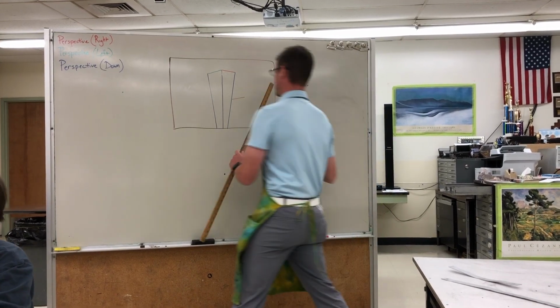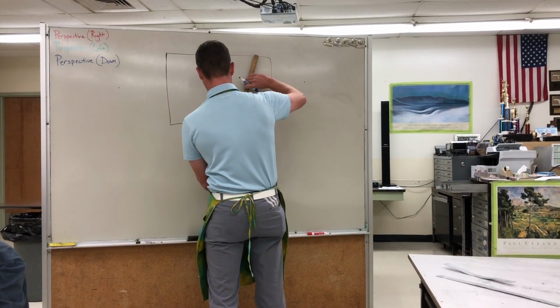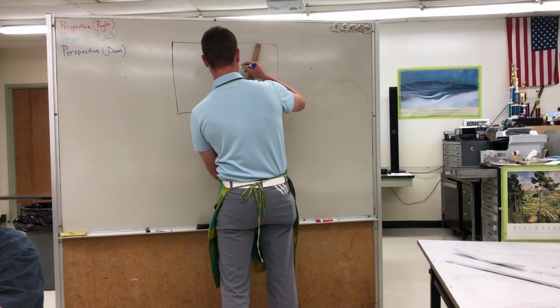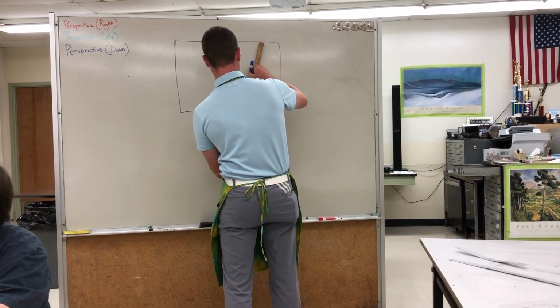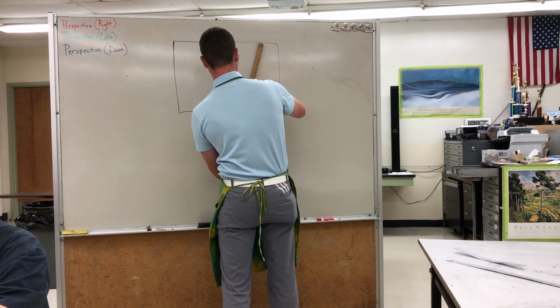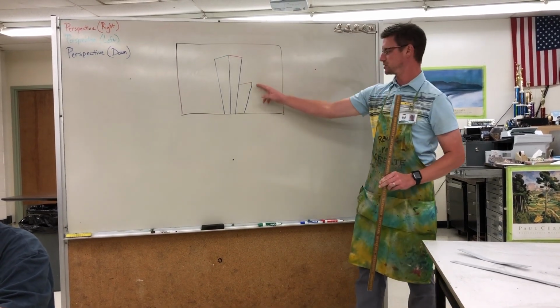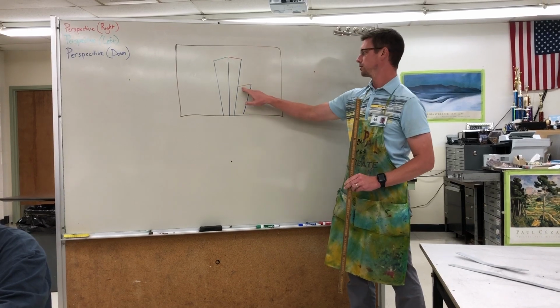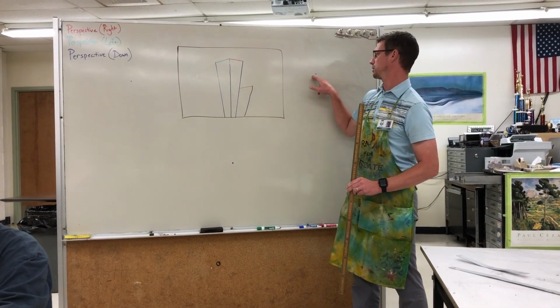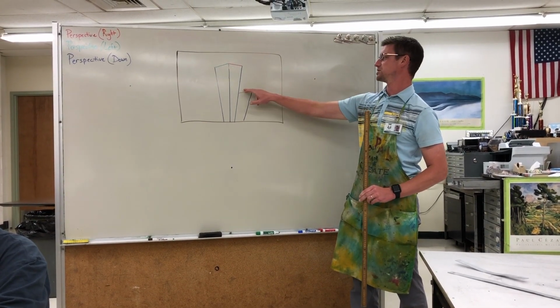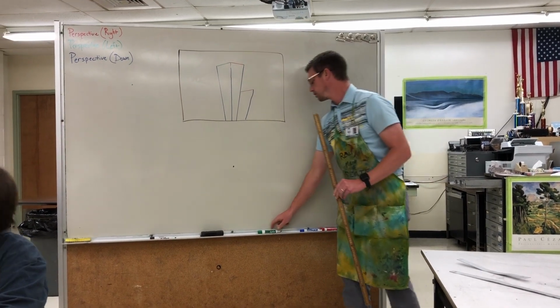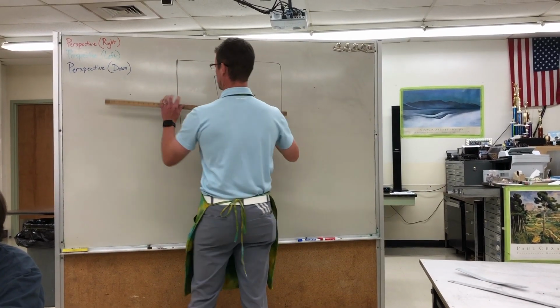Then I will put in a vertical line, not a vertical line, a perspective line that's going down. Something that looks like that. Okay, so now this line is going to this point. The top of the building is going to that point, but we still are missing a line, and that line is going to the left perspective point.